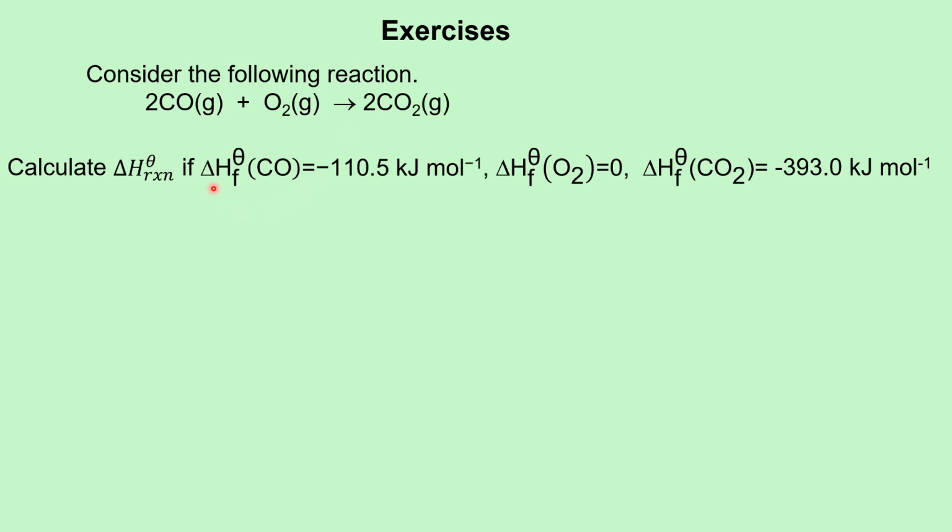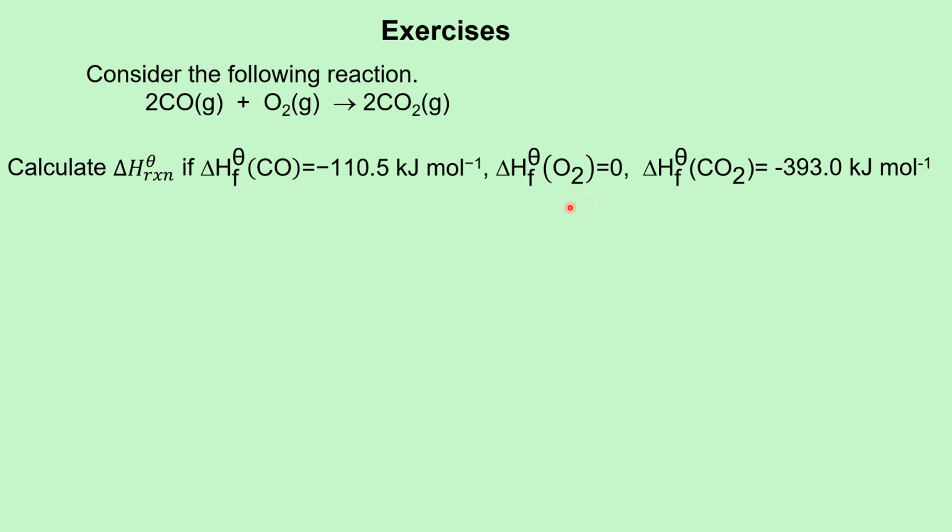What is the difference of enthalpy between the products and the reactants? So you are given the enthalpy of formation. F refers to the formation of carbon monoxide, which is equal to negative 110.5 kilojoule per mole. And the enthalpy of formation for oxygen is equal to 0. Why 0? Because this is the condition for oxygen, which exists as 2 atoms.